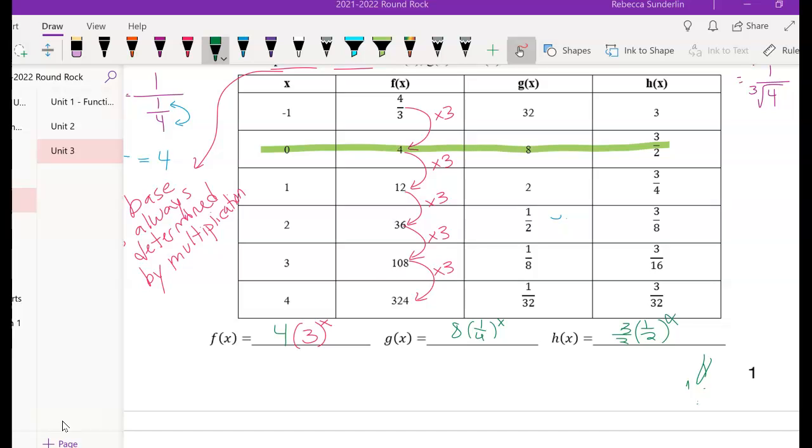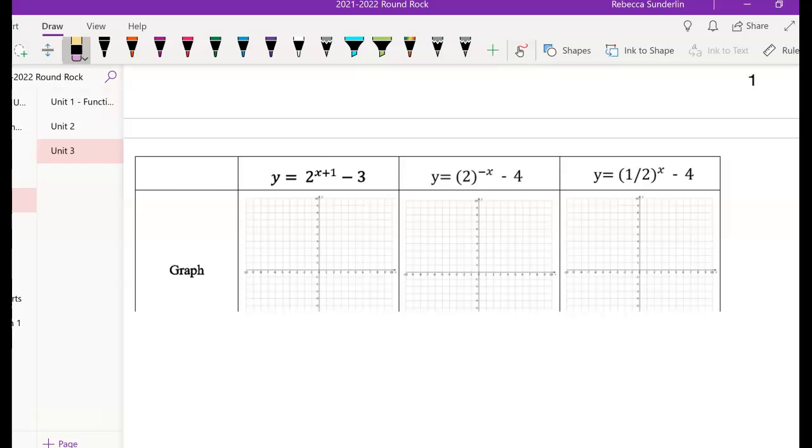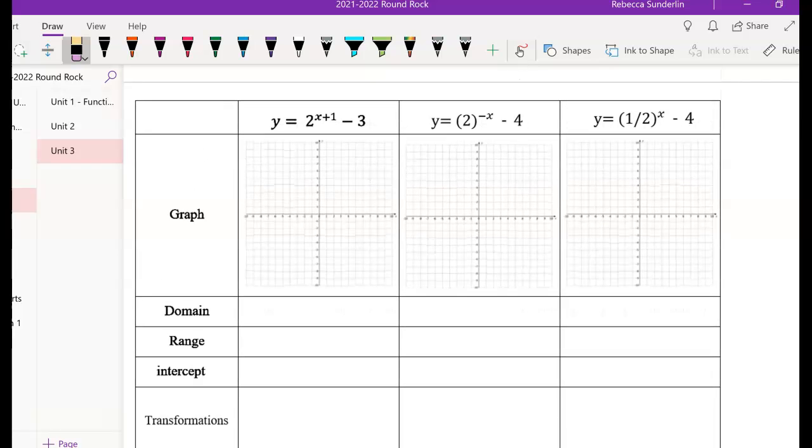All right, so now for the fun stuff. Where's my undo? Right over here. So now we're going to graph these.